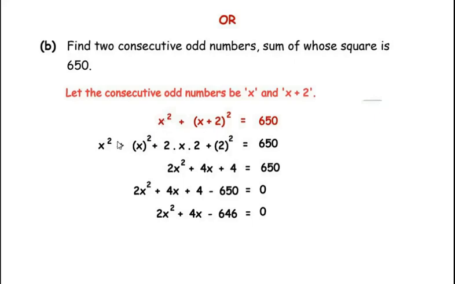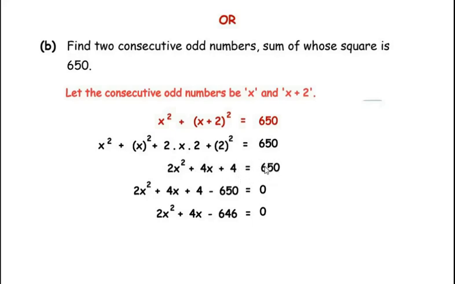Now in the next step, we are going to expand this bracket. To expand it, we have used the (a plus b) whole square formula. So it expands as x square plus 2 times x times 2 plus 2 square is equal to 650. Now x square plus x square gives us 2x square, plus 2 times 2 is 4 and 4 times x is 4x, plus 2 square is 4, equal to 650.